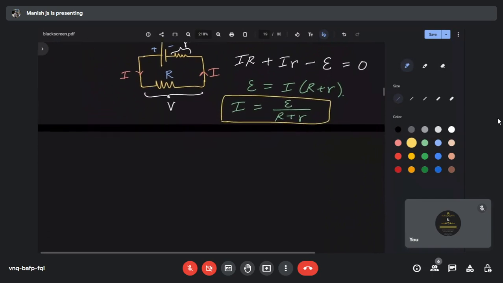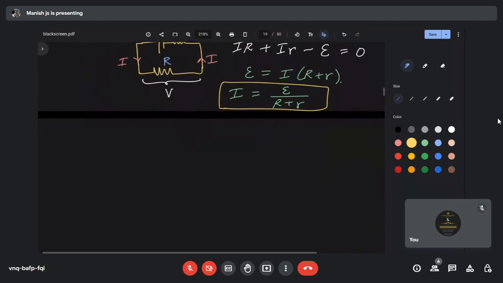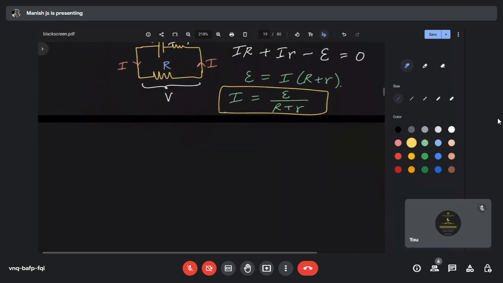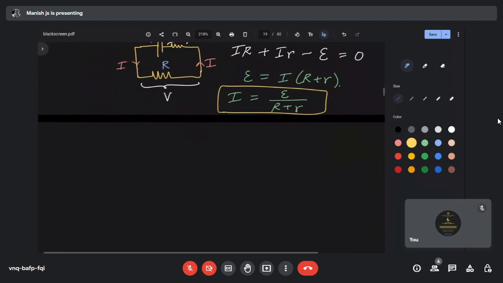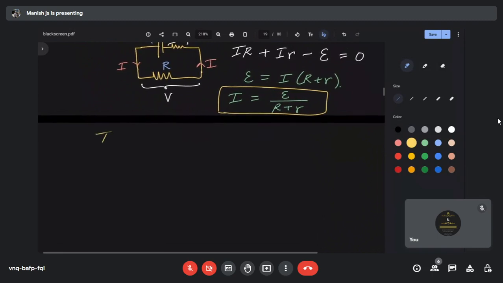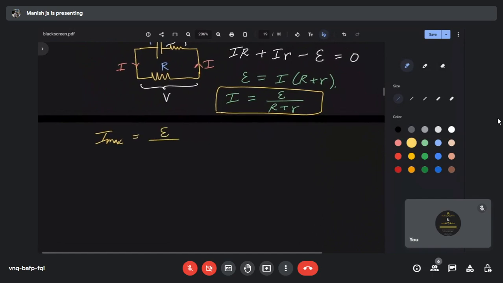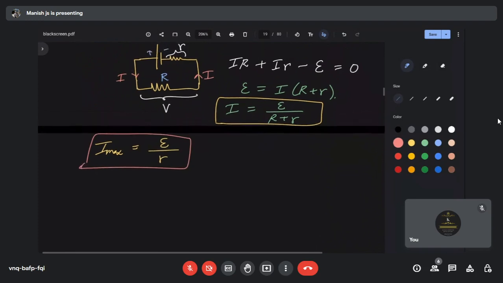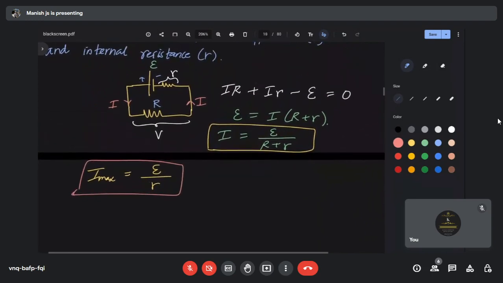Okay, simple. So maximum current can flow through the cell if your resistance is going to be disengaged. So the maximum current I max will be equal to simply E upon small r. So when you remove the load resistance, that is the condition for maximum current.